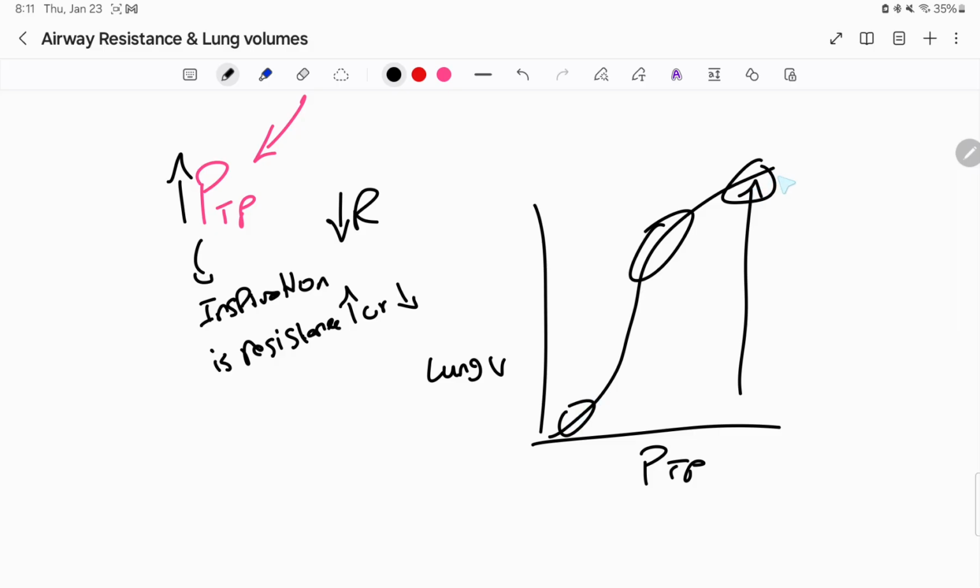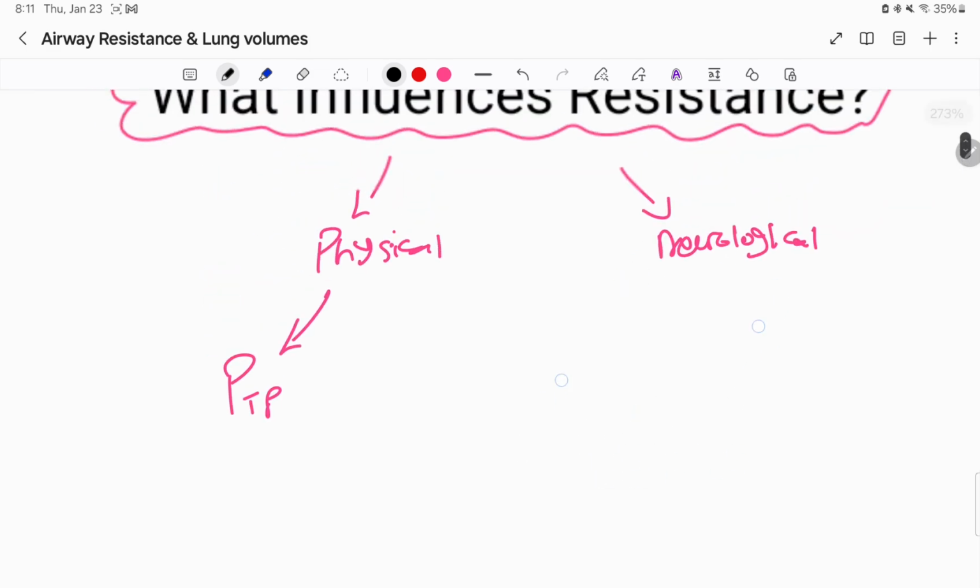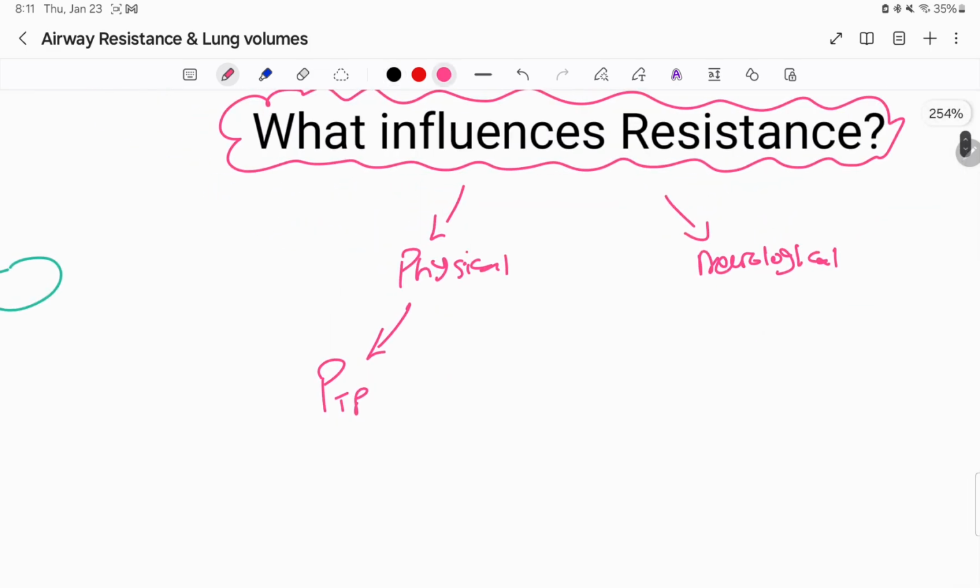So over on either of these edges, resistance to airflow is going to be pretty high. If transpulmonary pressure is too high, then resistance is high. But it's usually around these areas when we breathe, so we're pretty fine. I'm just getting you to understand this concept. That's the tidbit with the transpulmonary pressure.